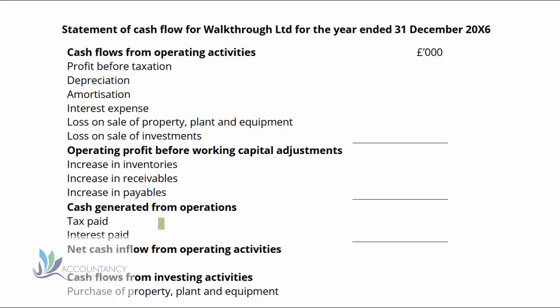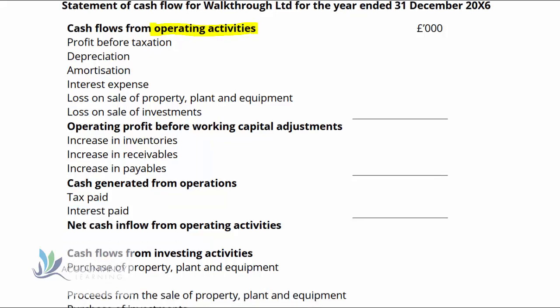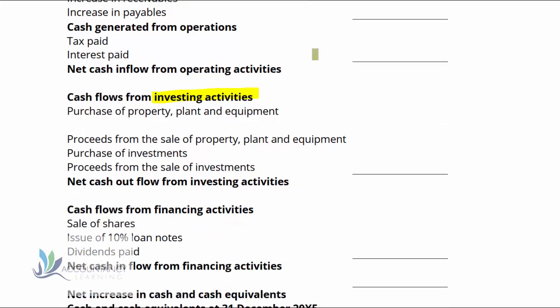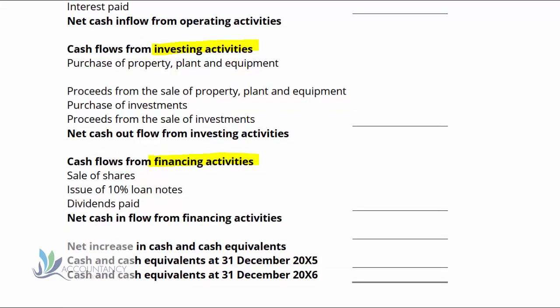We have a section for our operating activities at the top, then a section for investing activities, and then a section for financing activities, and then at the bottom of the statement of cash flows we have a reconciliation between the opening and closing cash and cash equivalents.